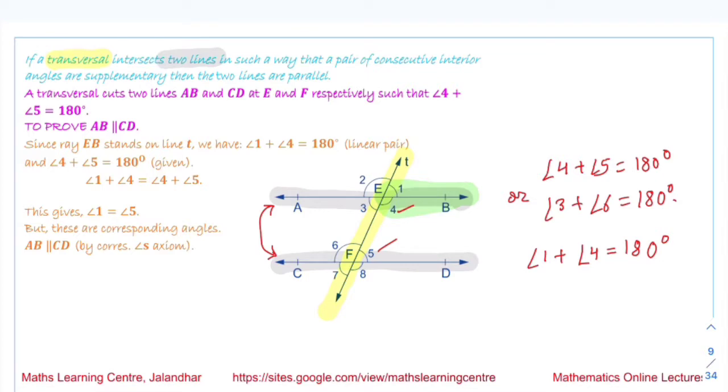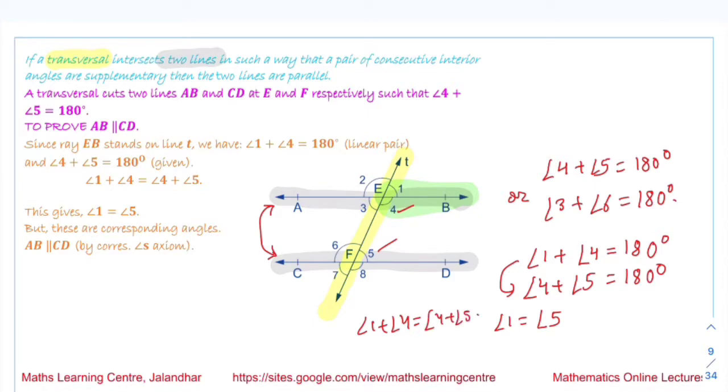Similarly, we are given that angle 4 plus angle 5 is 180 degrees. So if we equate these two values, we get angle 1 is equal to angle 5. We are saying angle 1 plus angle 4 will be equal to angle 4 plus angle 5. So angle 4 gets cancelled, and we are left with angle 1 is equal to angle 5.